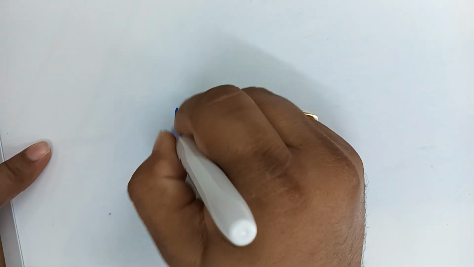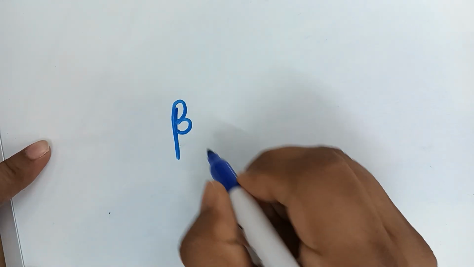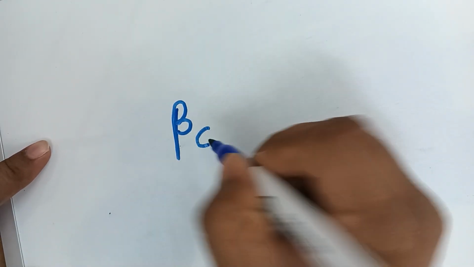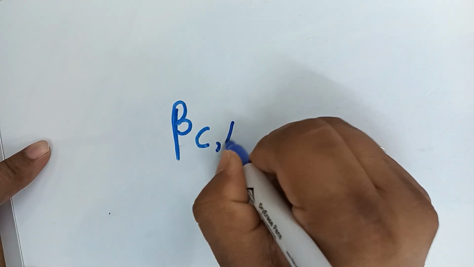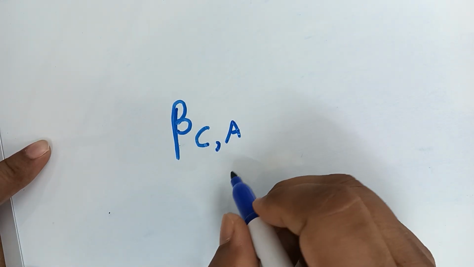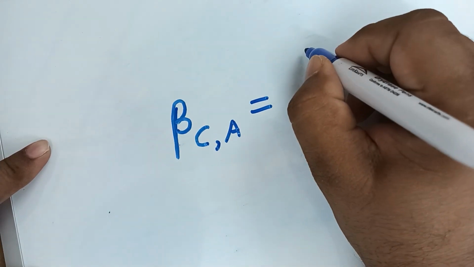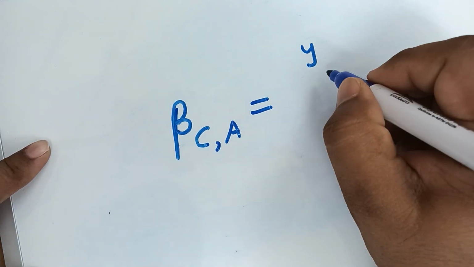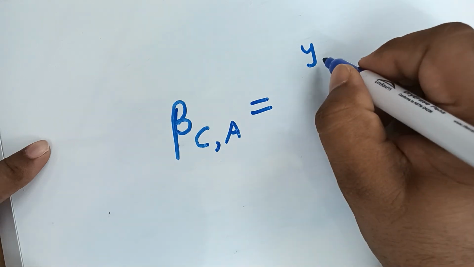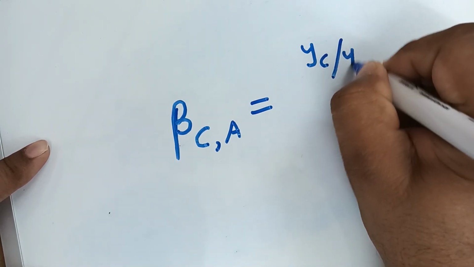Selectivity is represented by beta of solute C over carrier A by a solvent B. It is the ratio of ratios, where in the numerator you have the YC over YA term.